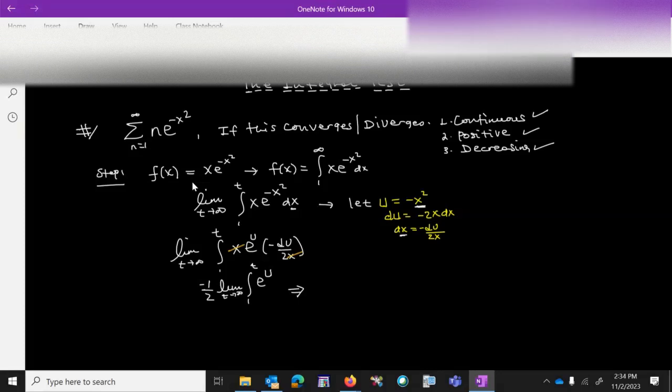All right. And then I hope you know what the integration of e^u is. The integration of e to the x is just e to the x, right? Now this is going to be like this. Negative 1 over 2 times the limit of e to the power of u, when I take it out from the integral.